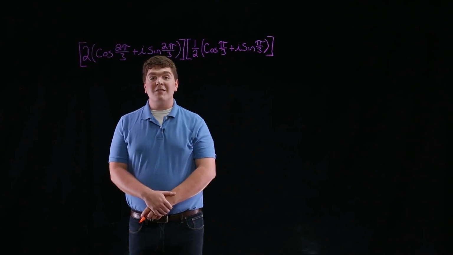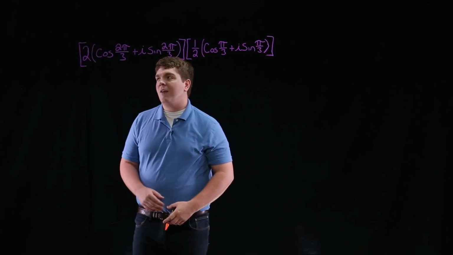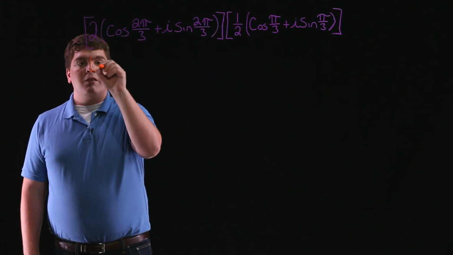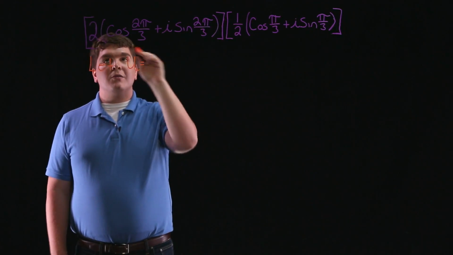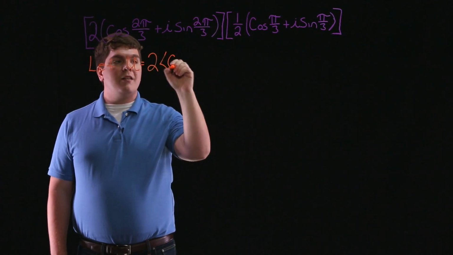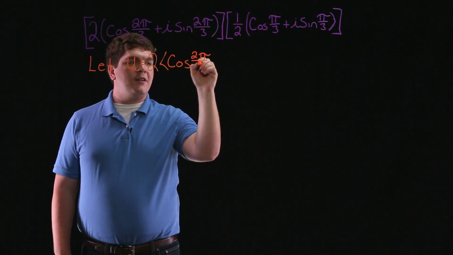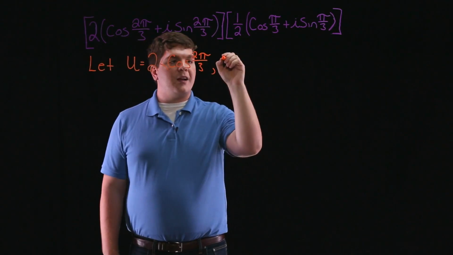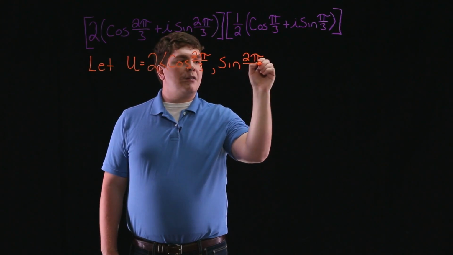For this problem, we're asked to find the product of the two complex numbers in the complex plane. Let's begin by letting the vector u be equal to 2 times cosine of 2 pi divided by 3, comma, sine of 2 pi divided by 3.